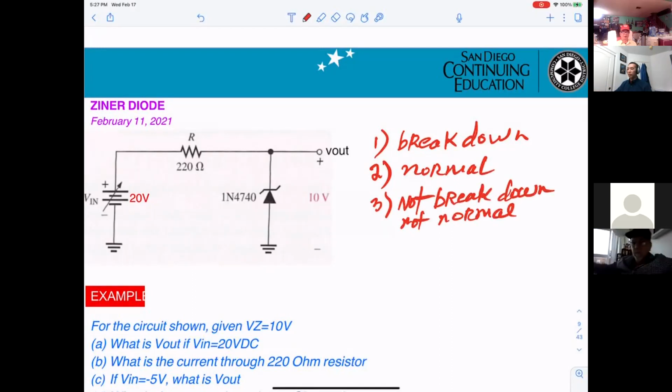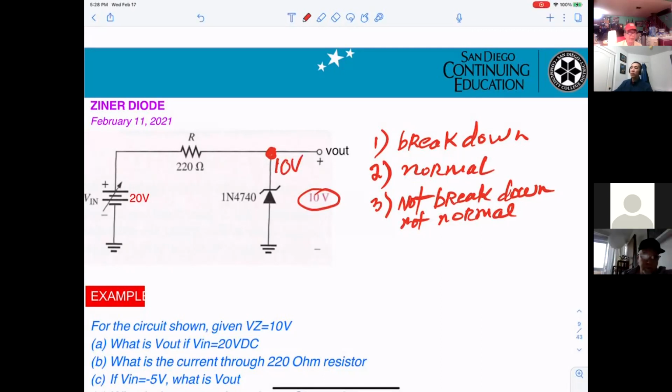Now, in this case, the Zener diode voltage given to you is 10 volt. That's telling you that any voltage at this point higher than 10 volt, the Zener tries to bring it down. The only thing you can get will be 10 volt.